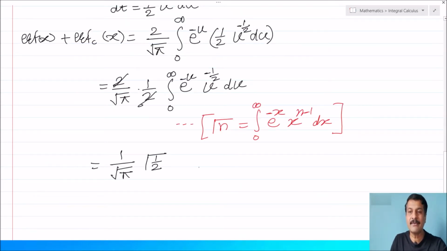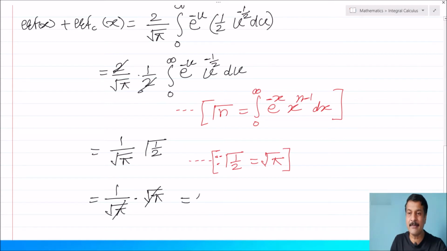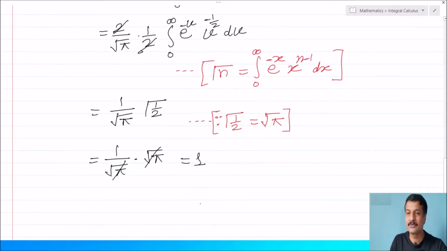By the standard value of gamma function, gamma half equal to root pi, and that is why I am getting here 1 by root pi into root pi. So this root pi and this root pi get cancelled, I am getting 1, and therefore the result is what? Error function of x plus complement of error function of x is equal to 1.